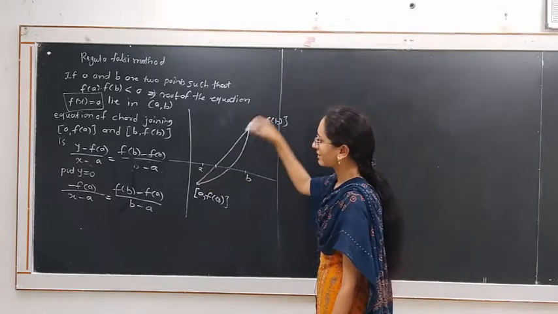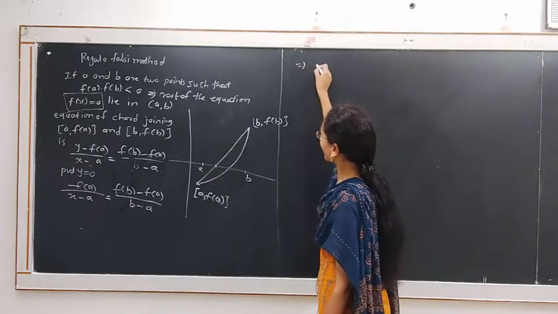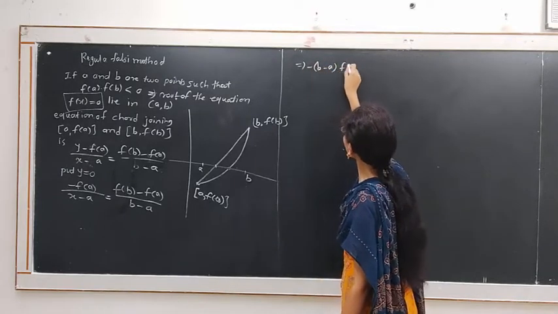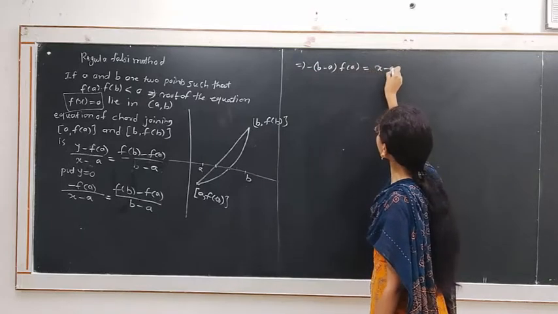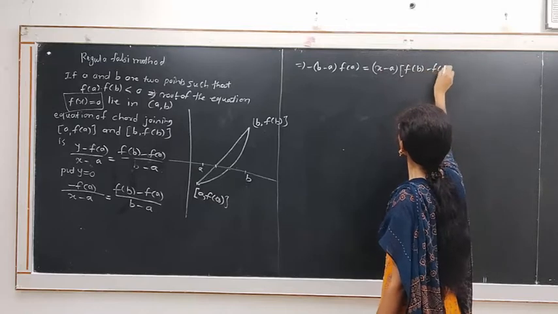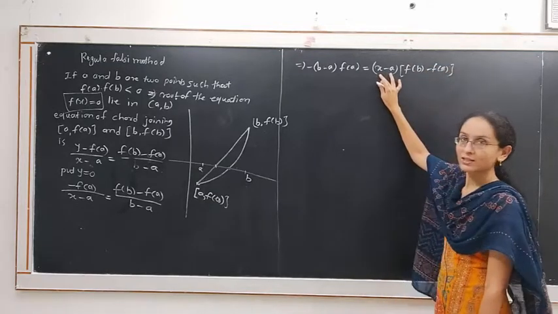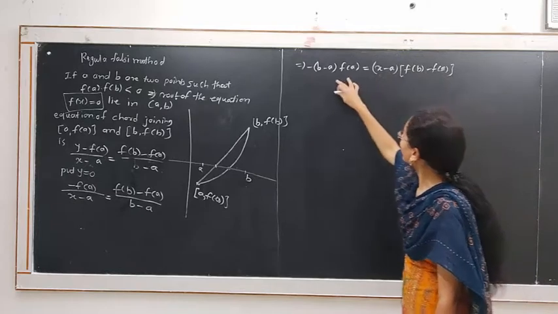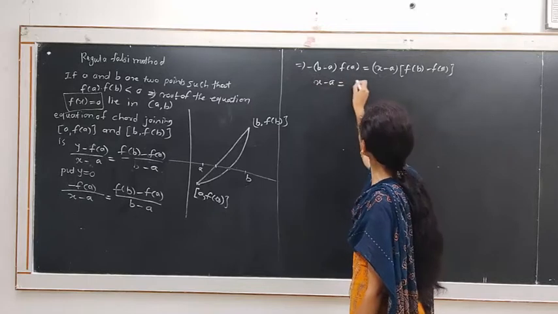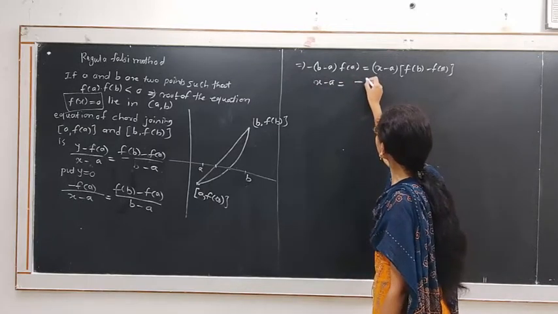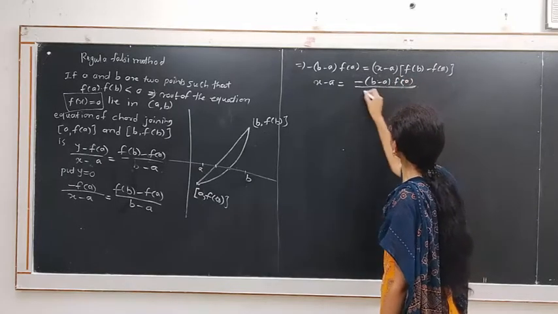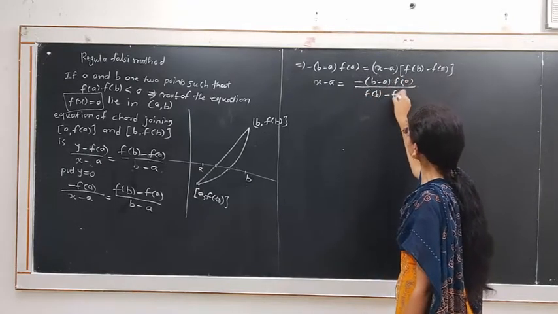Taking cross multiplication of both sides, we get (b - a)(-f(a)) = (x - a)(f(b) - f(a)). We want the value of x, so we transfer this term to the left side and write x - a = -(b - a) f(a)/(f(b) - f(a)).